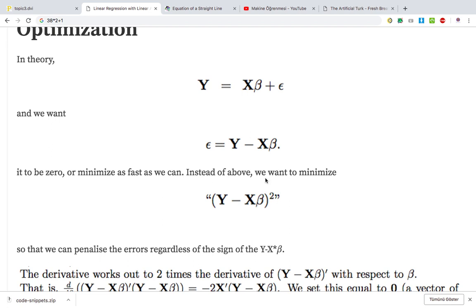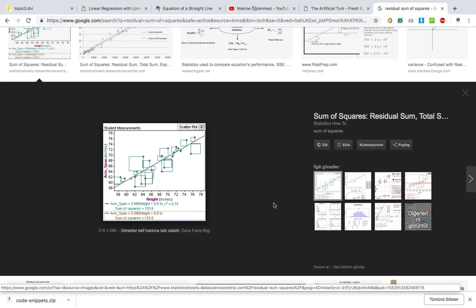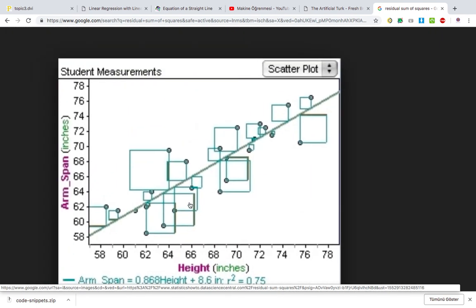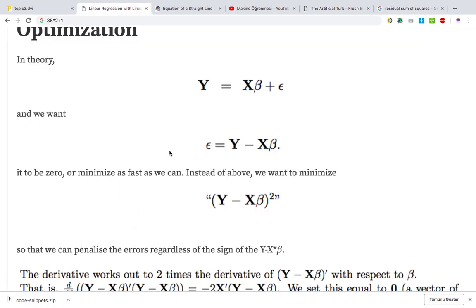So this stands for the residual sum of squares, and the square part of it is for avoiding getting a wrong error because of the sign of the data. If you have a linear regression equation and you fit a line and you try to find the error, let's go back to the plot.